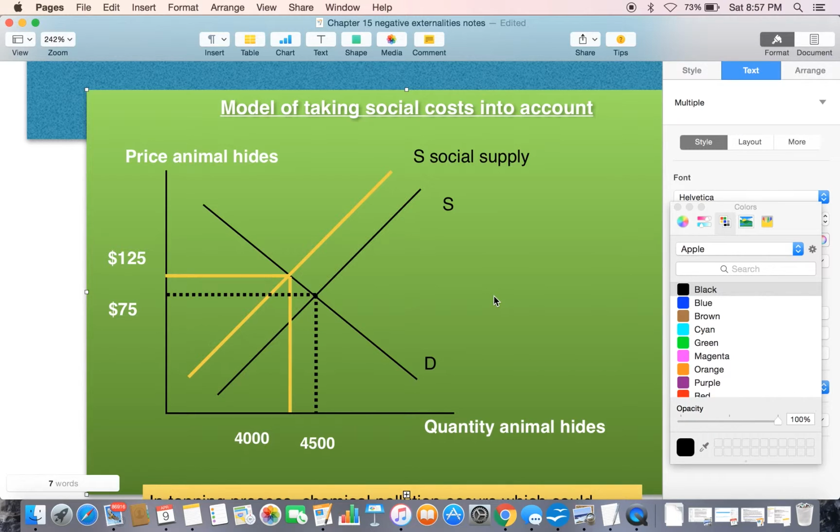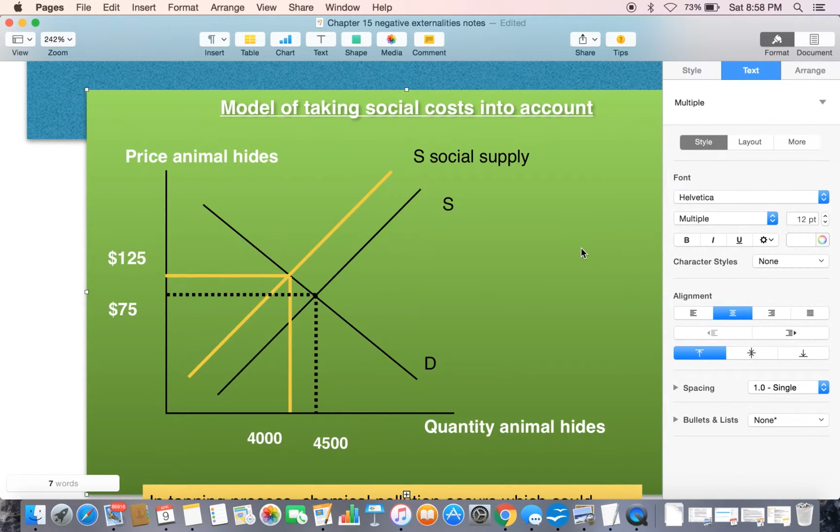So what we see happening is that in equilibrium, a higher price will be charged and fewer units will be transacted. And this would cause us to now have an equilibrium that is including the costs to society of producing those animal hides, which previously we were not including, and pollution was occurring.